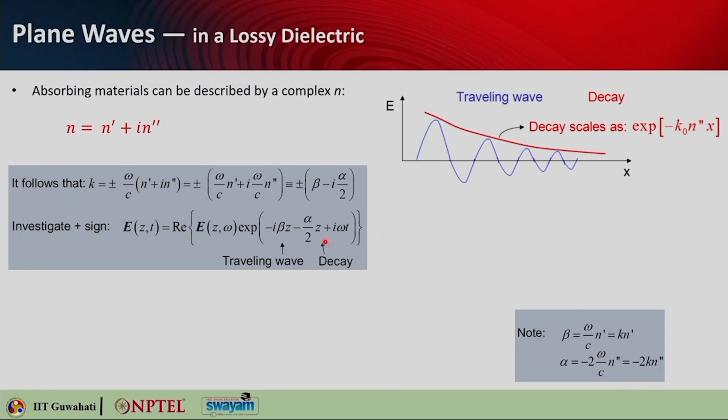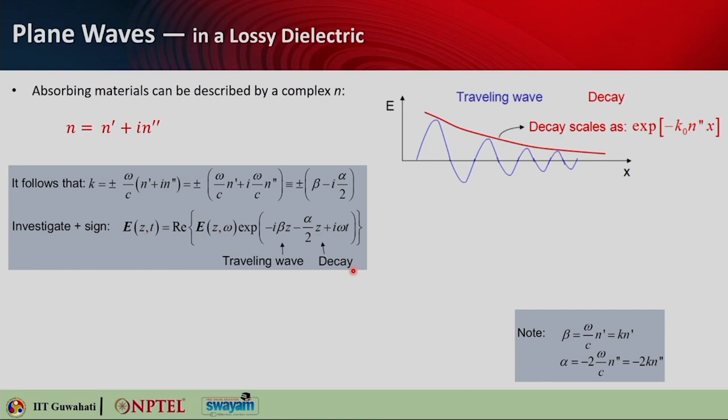From here you can see this is alpha by 2, so the 2 cancels out, and it is only minus k naught n double prime x. x is nothing but the propagation direction. Here we have considered x as the propagation direction, though we have taken the equation along z. If it is along x, you make this x and this also x.